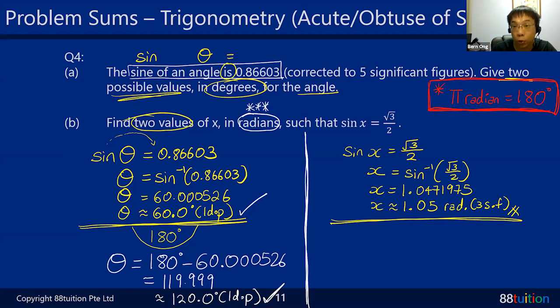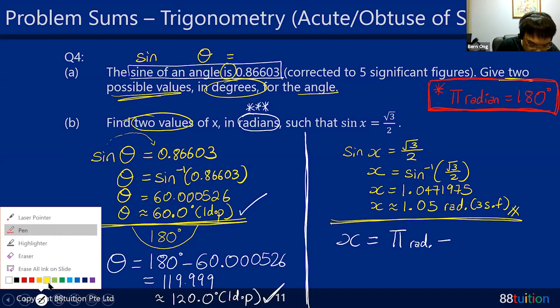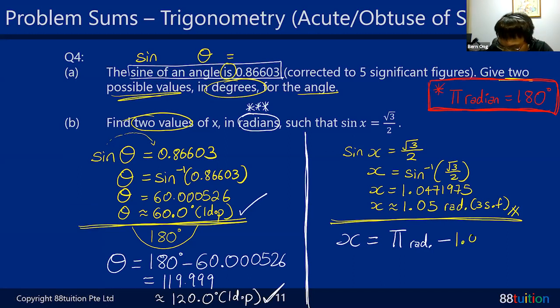Pi radian is equal to 180. Simply take pi radian, which represents 180 degrees, minus away your previous answer, which is your acute answer, 1.0471975 radian. Can you see, every time I minus, I will try to use the more decimal one. Why?